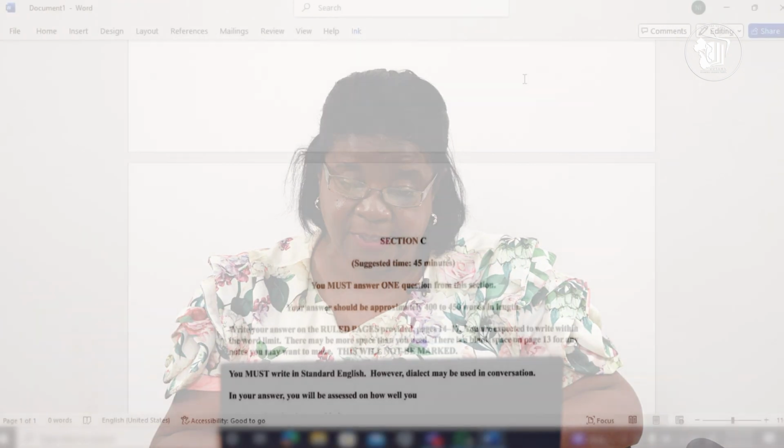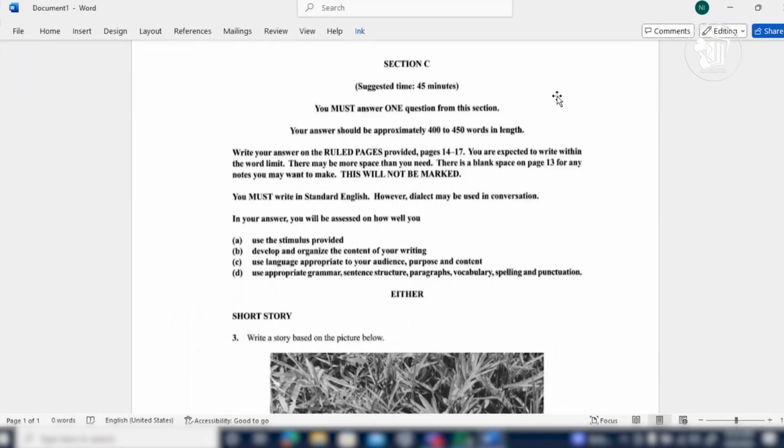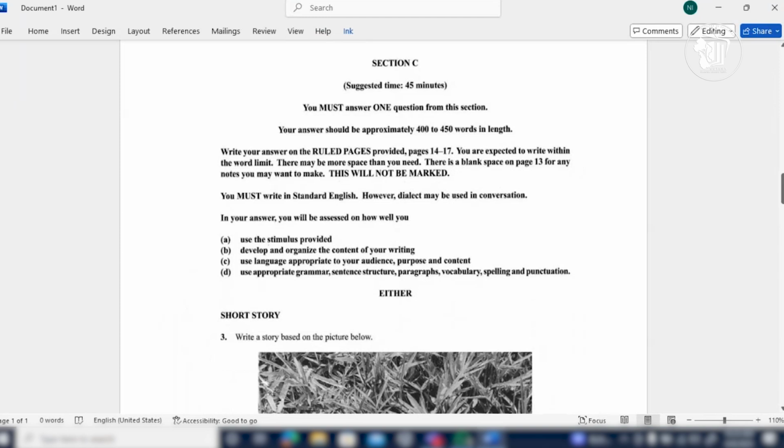If perchance we do not like the picture stimulus, then we can use the other stimulus to write the story. Whatever we use, whether it's the picture stimulus or the other one, our story must be no less than 400 words. We are asked to write approximately 400 to 450, so we are not going to write under 400.